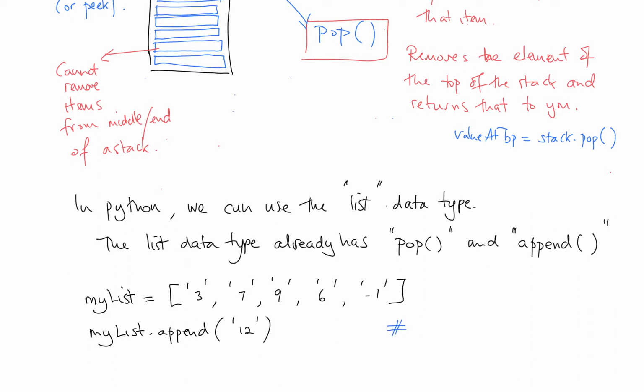So put a little comment here. MyList becomes 3, 7, 9, 6, minus 1, and 12. So it looks as though append is dealing with this final element being the top of the stack.